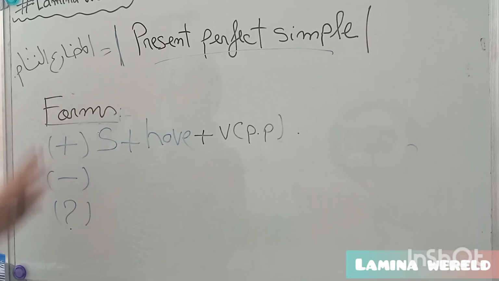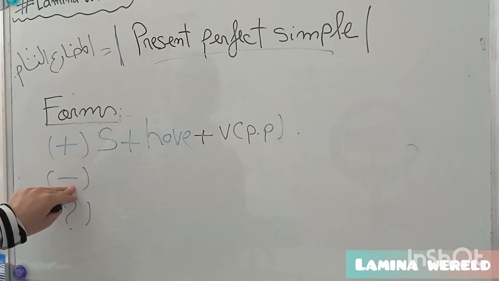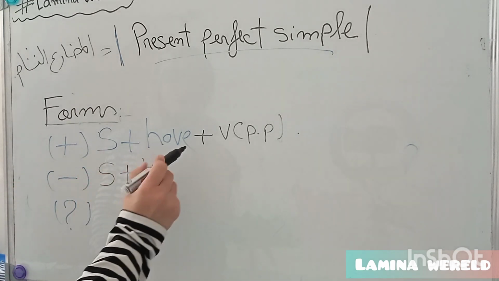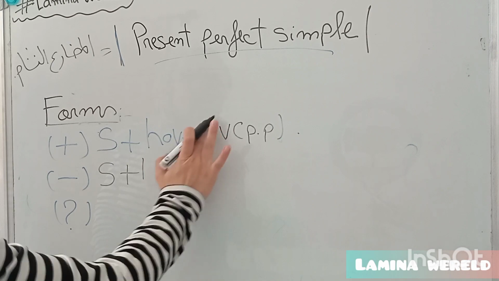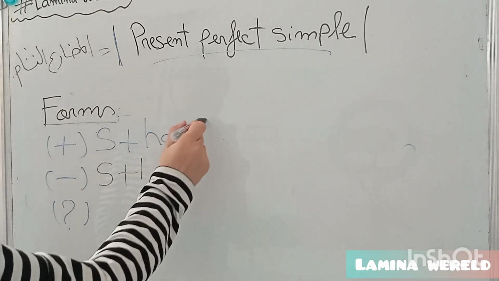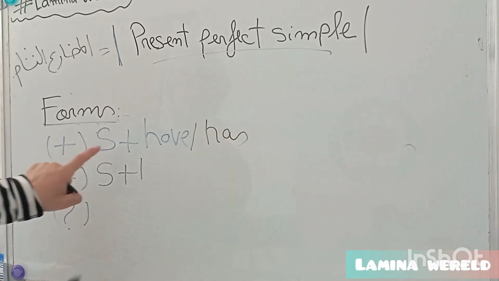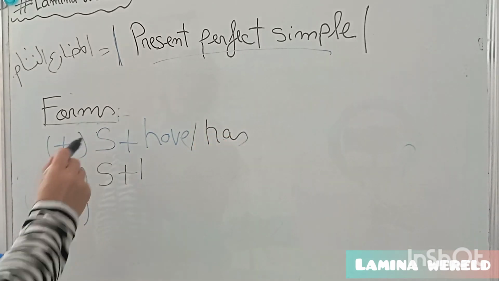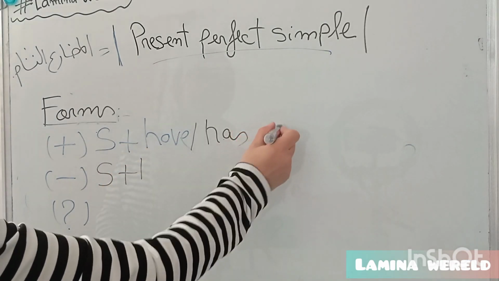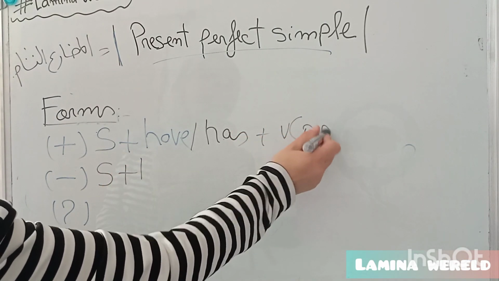A normal positive sentence. If you want to form a negative sentence, we start by the subject plus have or has, so it depends on the subject. If we have she, so has. If we have we, have, plus verb in the past participle.